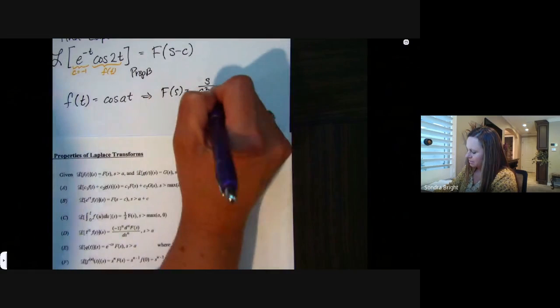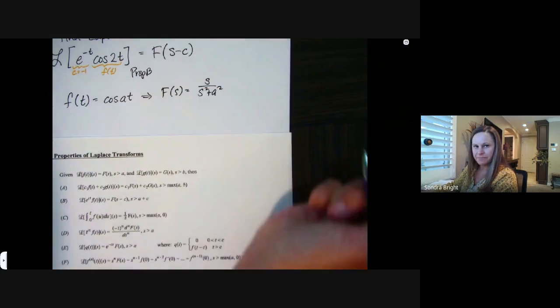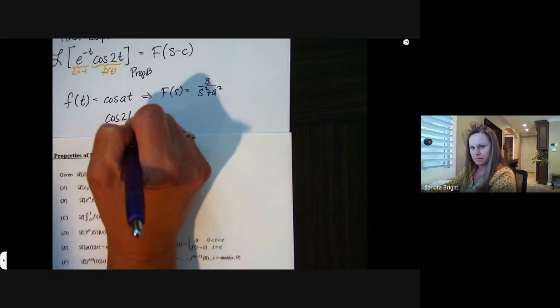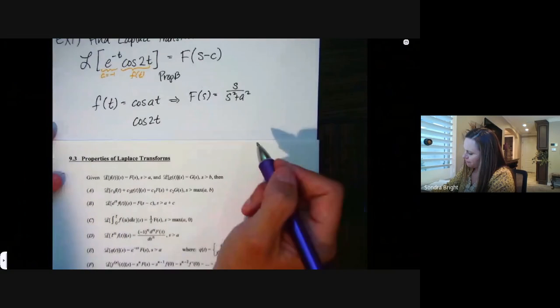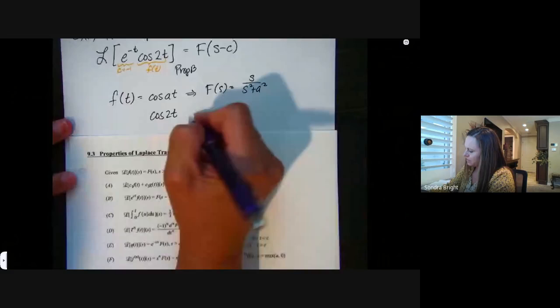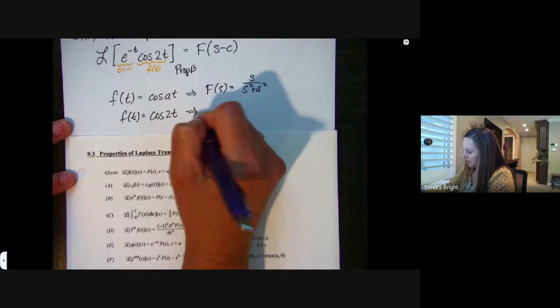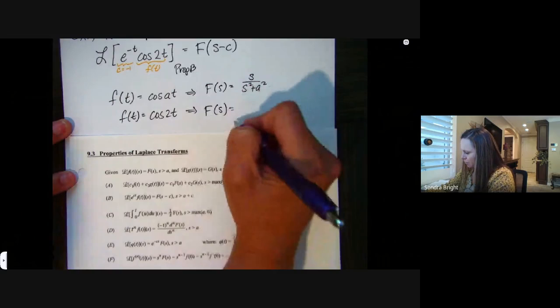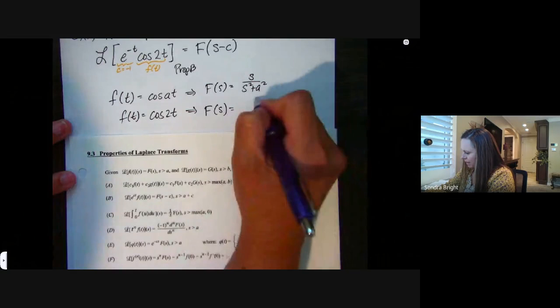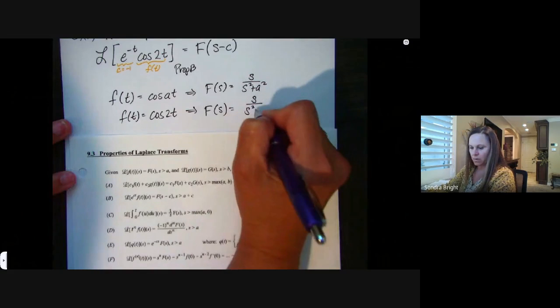So if f of t is cosine of 2t, then big F, the Laplace transform of that, would be s over s squared plus 2 squared, or 4.